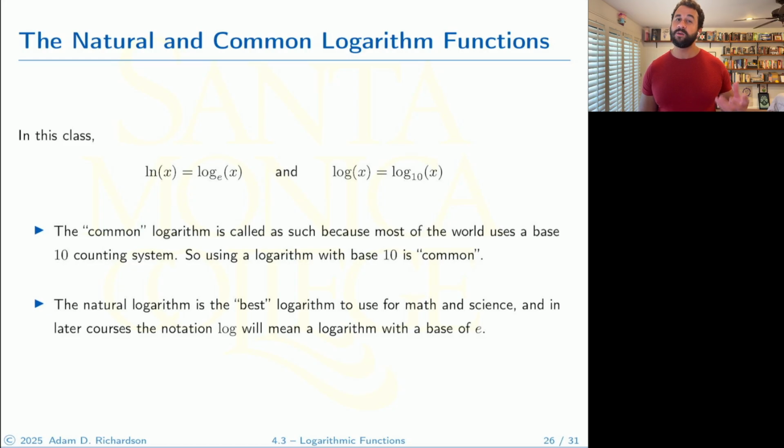Once you get a little bit more mathematically mature and you can understand why the natural logarithm is the best logarithm, that is the one that people just start calling log. You might also hear me just call it log because I just can't help it. So just be aware that that convention will change as you progress through your math courses. Oh wait, one other thing: to try to be unambiguous, oftentimes I will just denote it as log base 10. But I'll leave it at that.